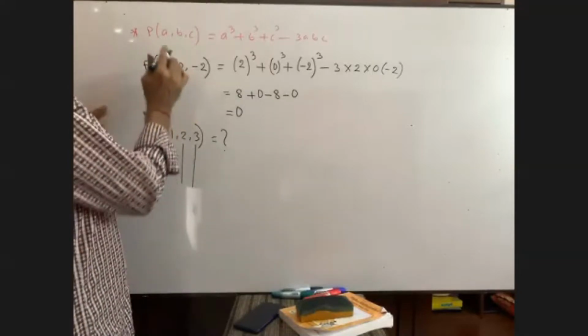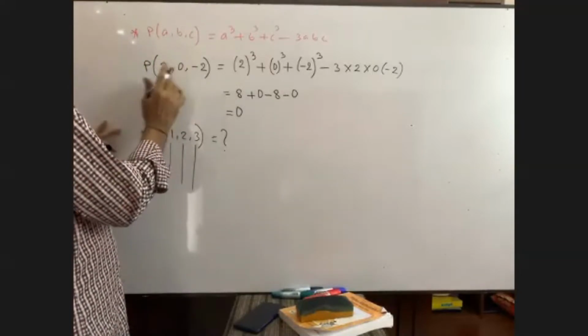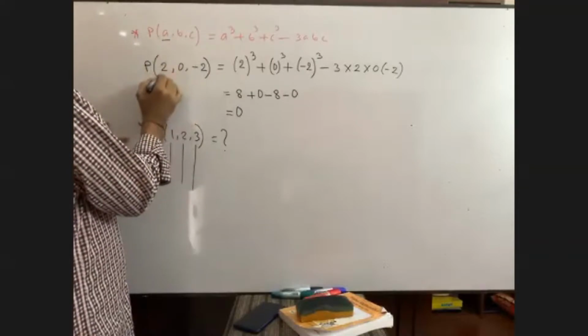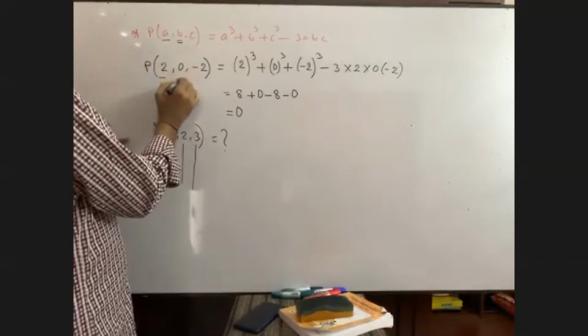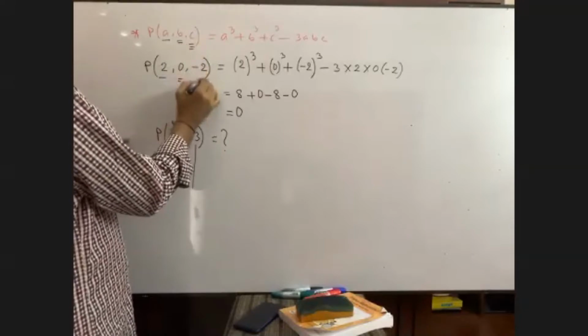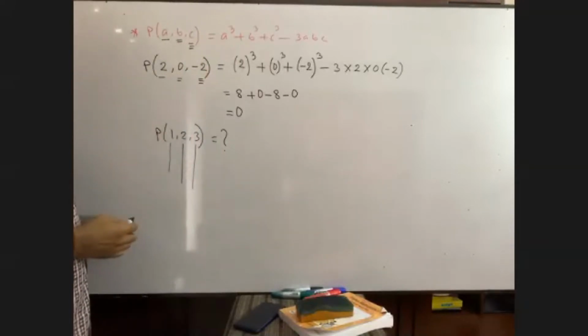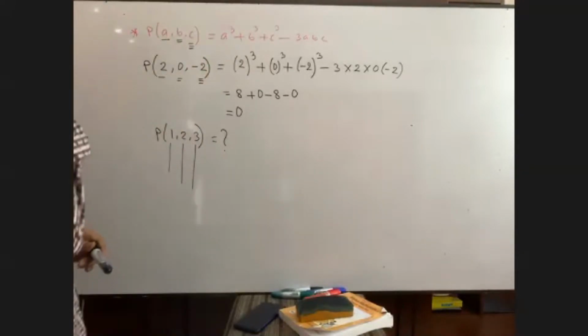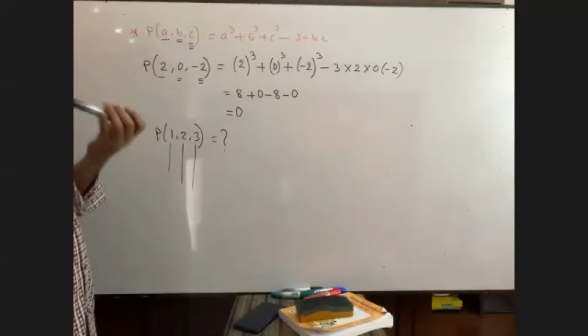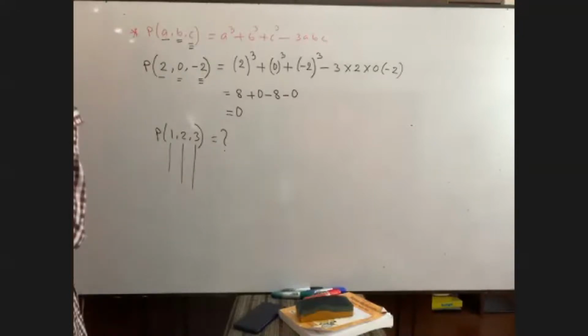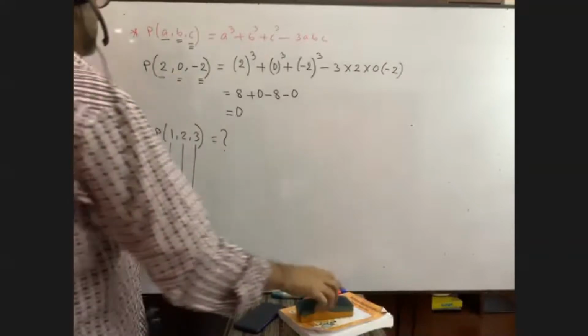You see it is maintained by ordered pairs. Yes, sir. A is 2, B is 0, C equals minus 2. Yes, sir. Okay.